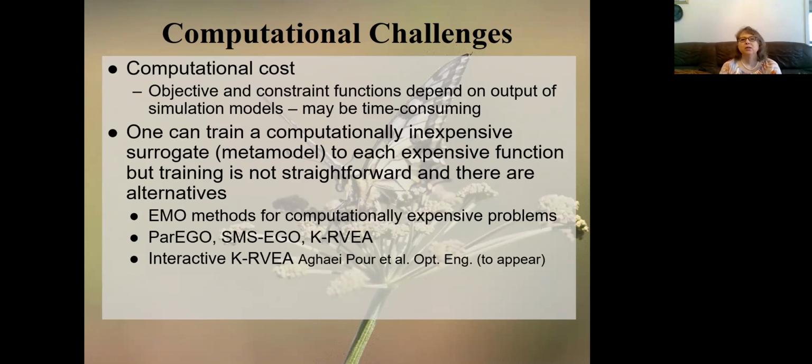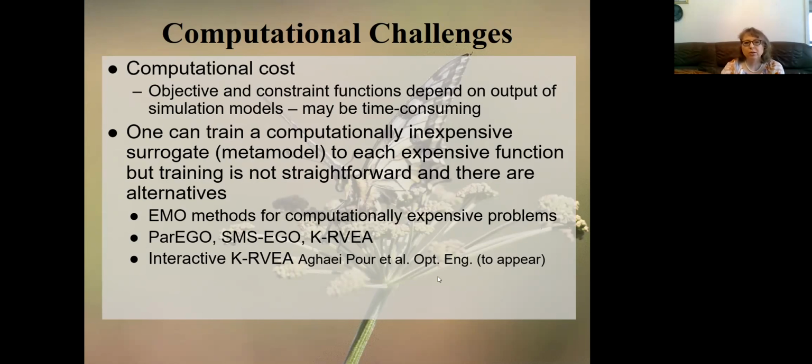And in that way, the interactive nature of the solution process tends to suffer if the decision maker has to wait before getting solutions of interest. In that case, it makes sense to pay attention to the computational cost. And one way is to train a computationally inexpensive surrogate or meta model to each of the expensive functions and solve the problem where these surrogates are used instead of the original functions.